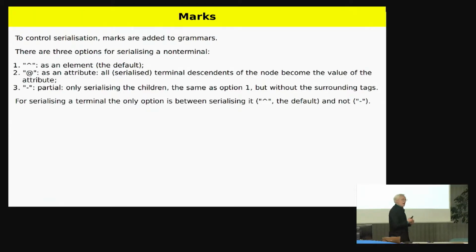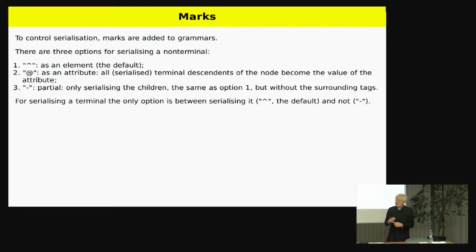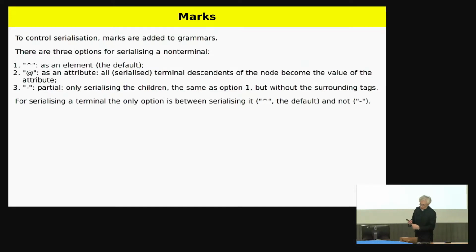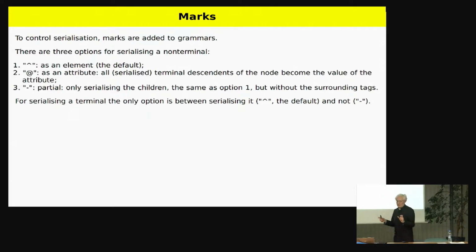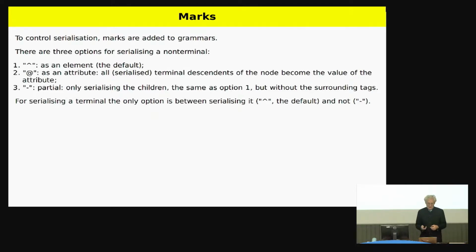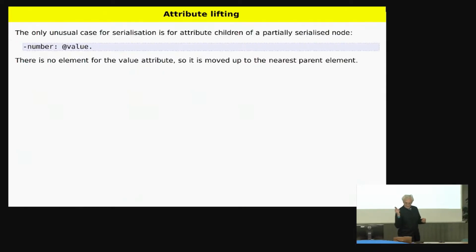And finally, a minus, which for terminals means it doesn't get serialized at all, and for non-terminals means that it gets serialized in the same way as an element, except without the element name around it. So you just serialize the children, in other words.